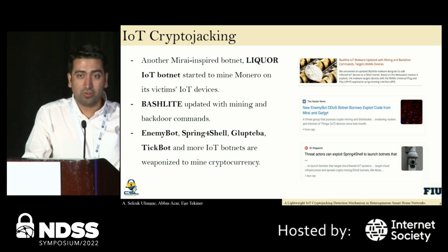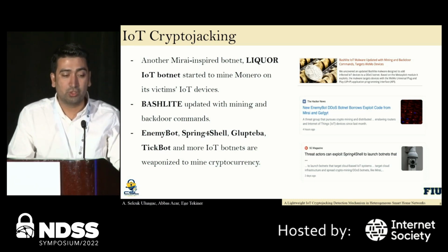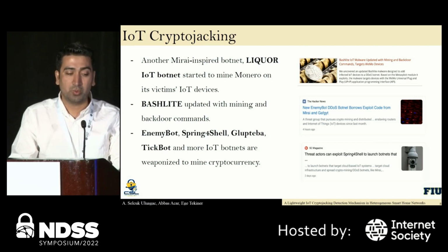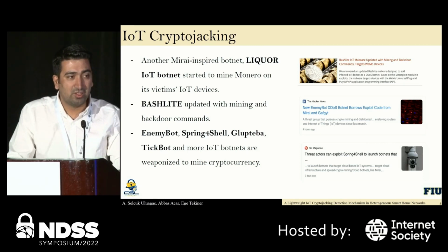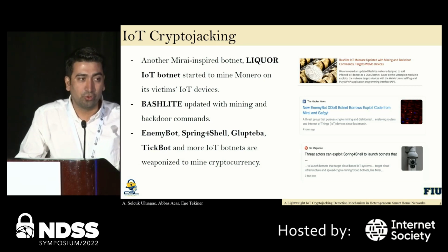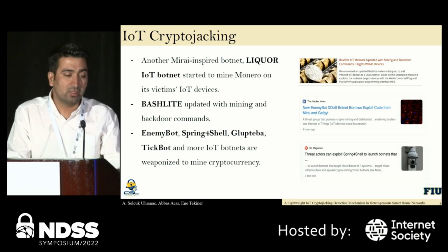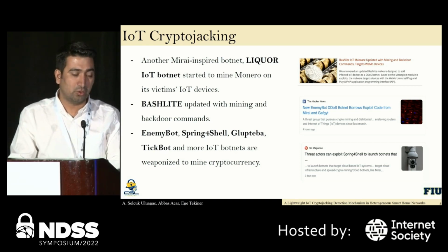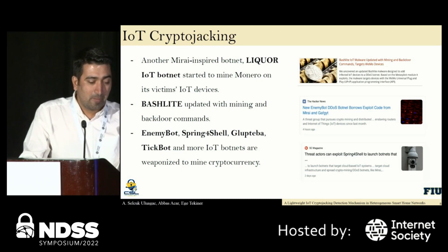And we have seen follow-up examples. For example, the LIQUOR IoT botnet started to mine Monero on its victims' IoT devices, and these botnets already have the network in their control. So they're just using a new functionality to make another profit on these devices that they already have control of.